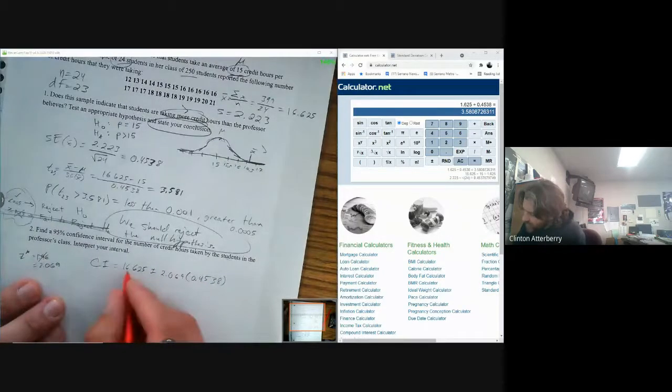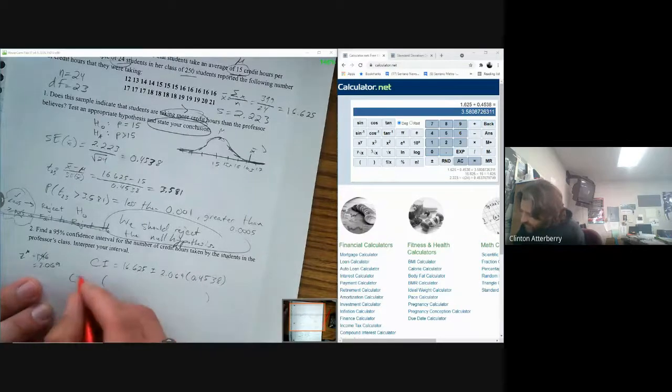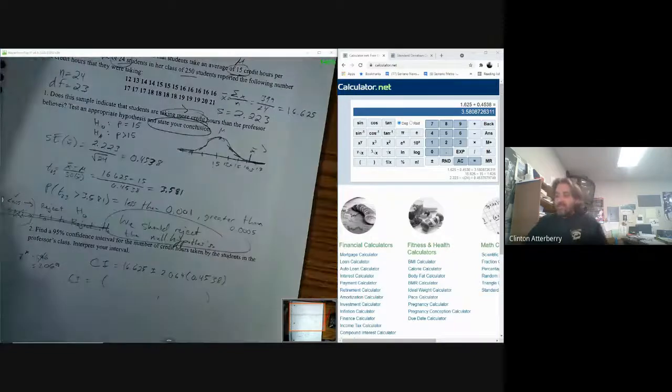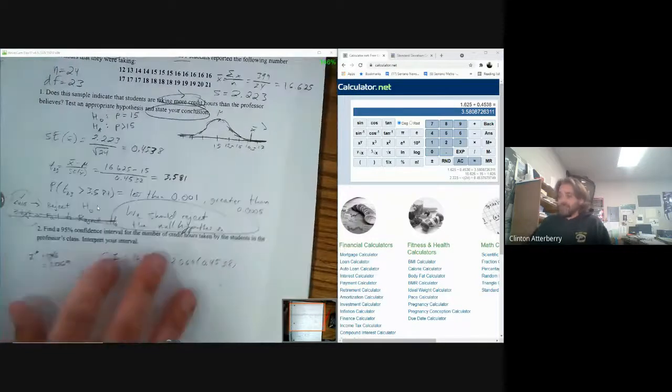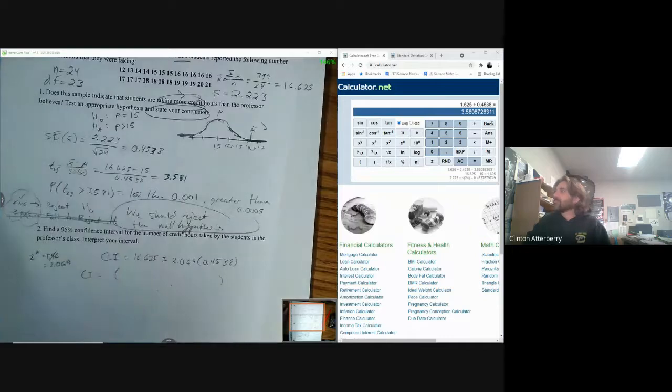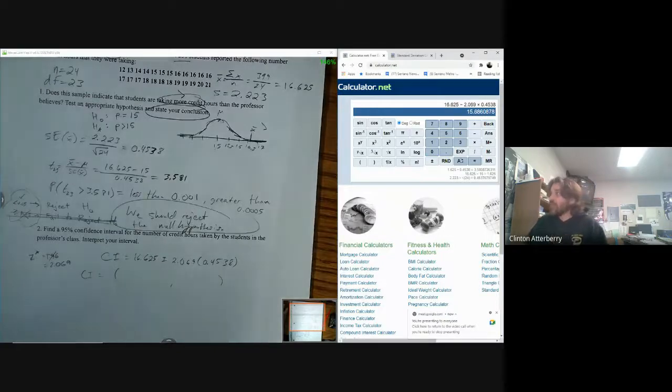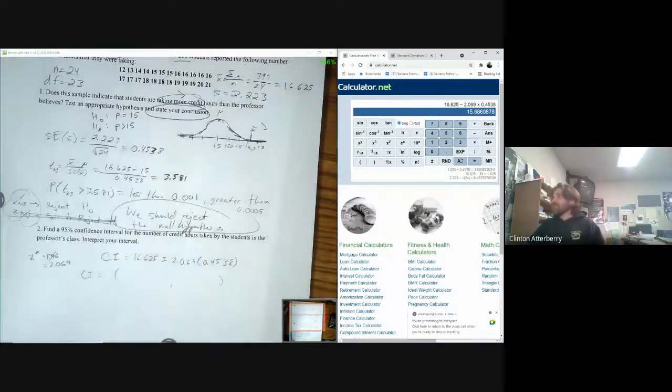So I'm going to subtract it, and then I'm going to add it. That way I get a low number and a high number. So let's take a quick second and calculate this. I got 16.625 minus 2.069 multiplied by 0.4538. This calculator should use order of operations, and it does.